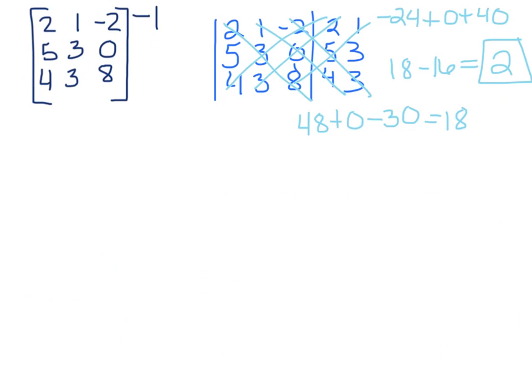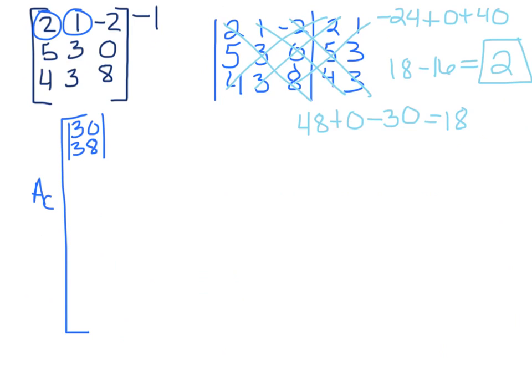All right. Once we found the determinant, we need to find the cofactor matrix. So our cofactor matrix, that's the hard part, is a big old matrix. We're going to go 2's minor. If I crossed out 2's row and column, I'd have 3, 0, 3, 8. And you're finding the determinant of that, right? And then if I took 1's minor, I would have the determinant of, cross out 1's row and column, and you have 5, 0, 4, 8.